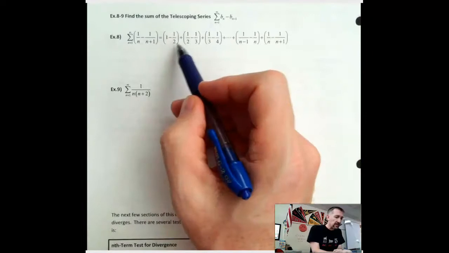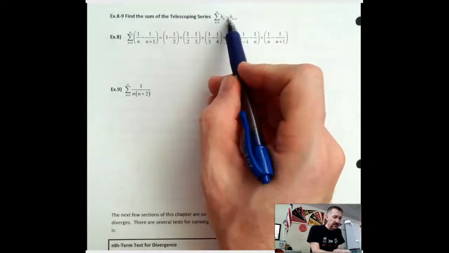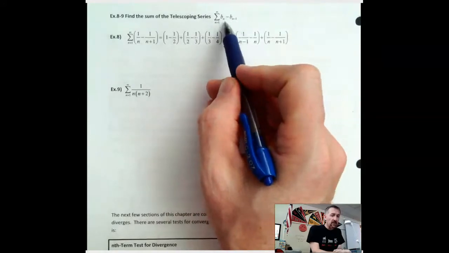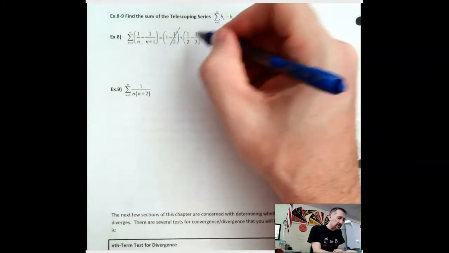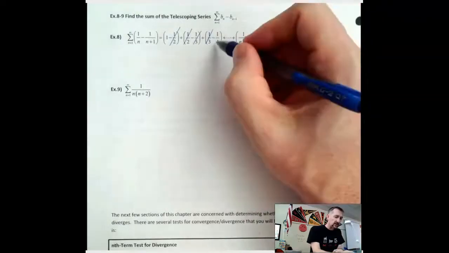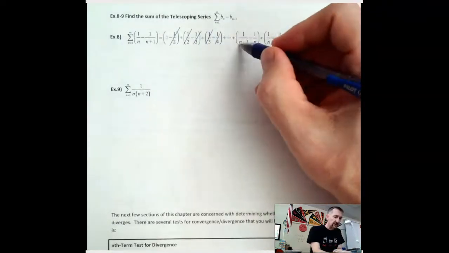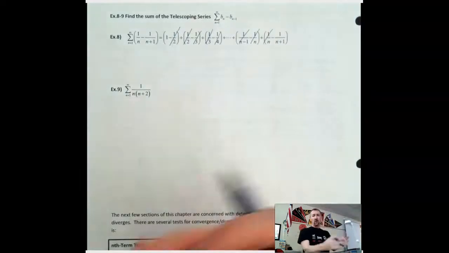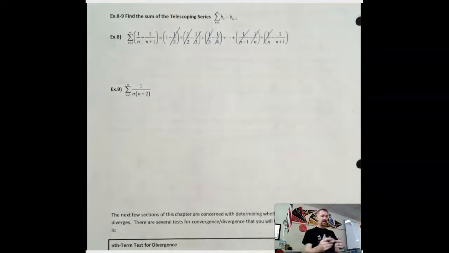Now what we want to notice here is that because there's subtraction between them, and what you have is a term minus the term before it, this is going to cancel out, and this is going to cancel out, and this is going to cancel out with the one over there, and that's going to cancel out, and this is going to cancel out. So all that stuff in the middle is going to cancel.